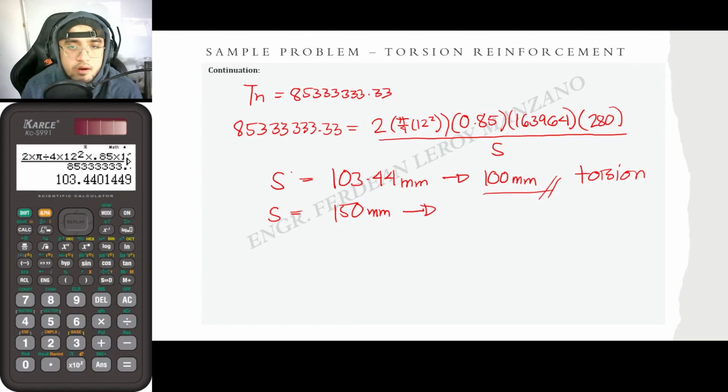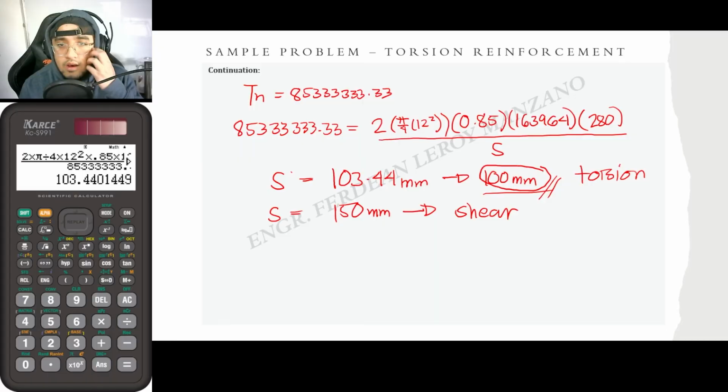So if you are thinking that we should just use 100 mm since this is the lesser value, then I'm sorry to tell you that you are mistaken in that.